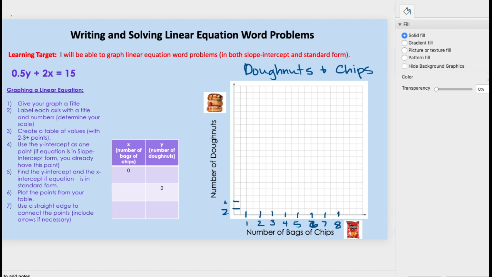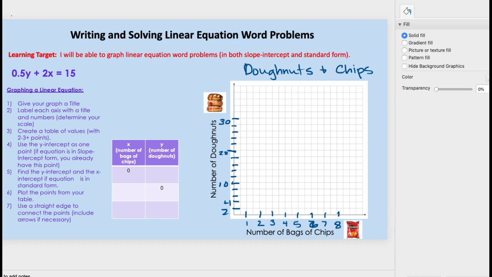So that's 4, 6, 8, 10. I'm only going to label every few here, but I'm going to go by twos. So that's 14, 16, 18, 20. Hopefully yours is going to be a little bit neater because you're going to be doing it by hand. 22, 24, 26, 28, 30. All right, I'm going to stop there.